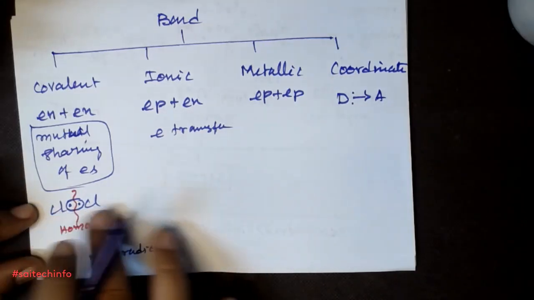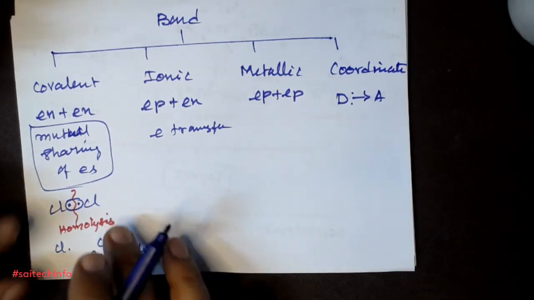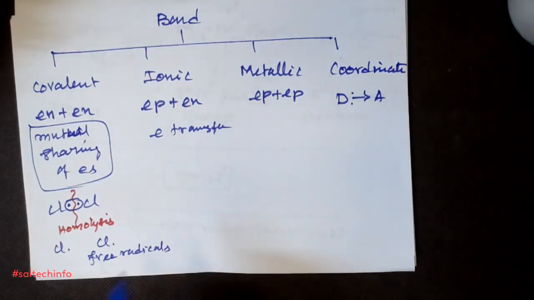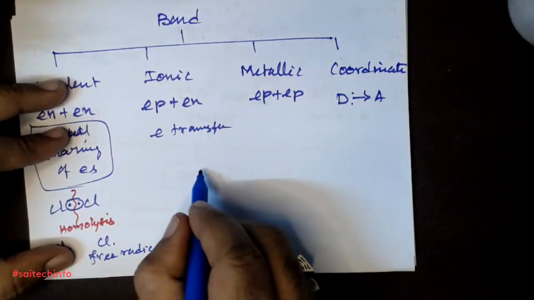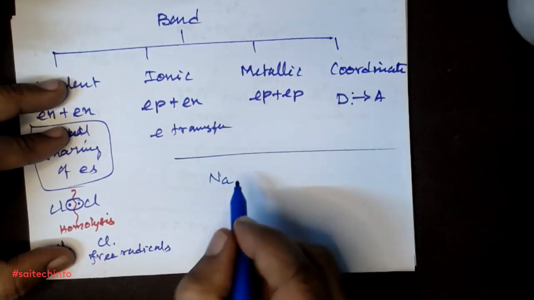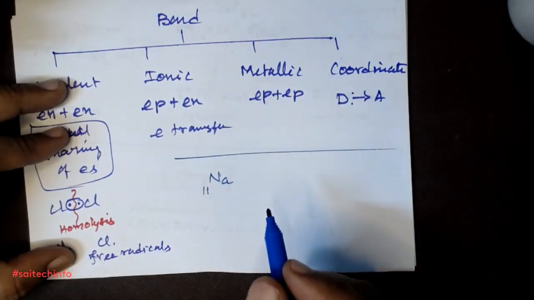Both participating atoms are electronegative. You should understand the term electronegativity. Before that, let us analyze electropositivity. Sodium has 11 electrons and 11 protons.